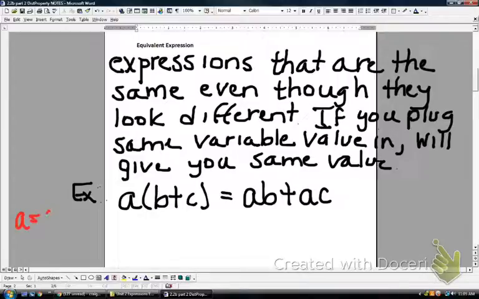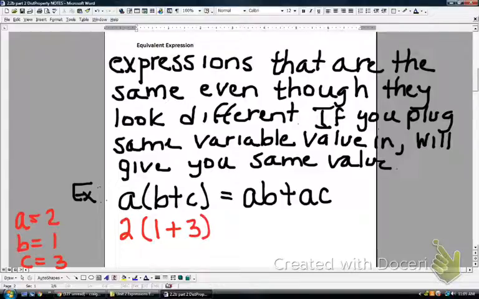So I'm going to let A equal 2, I'm going to let B equal 1, and I'm going to let C equal 3. So I'm going to rewrite those using those numbers. So A is now 2, B is 1, and C is 3.